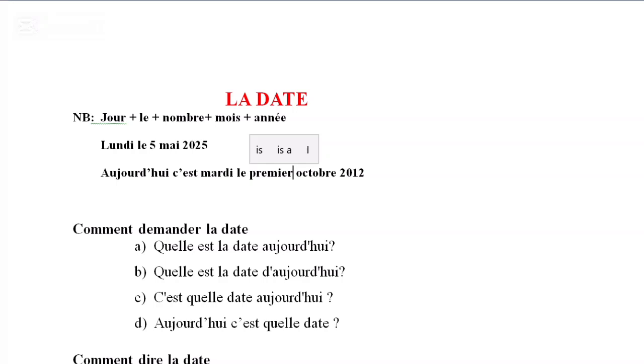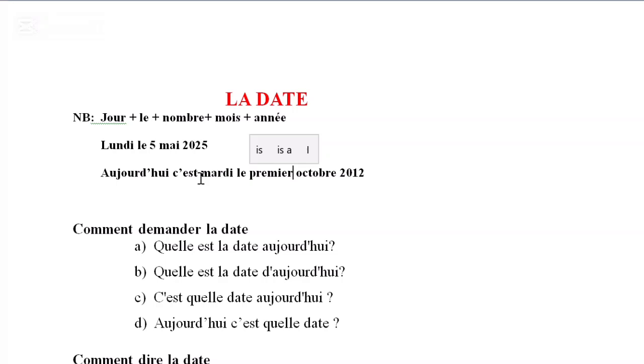And then from second, we don't say deuxième, troisième. No, we do not use ordinal number. We use cardinal number. We use 2, 3, 4, 5 up to 31st. 31st, you're going to say 31. We are going to use 31, not 31st.